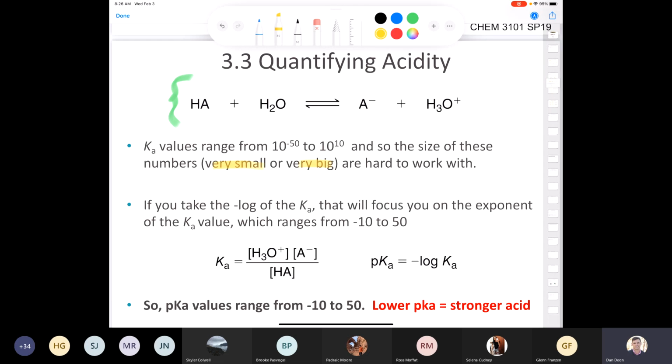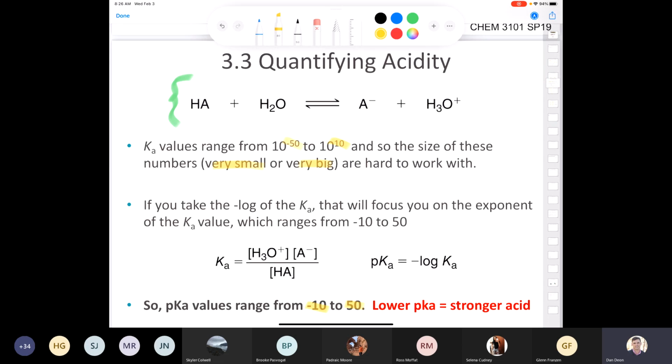So instead of 10 to the power of 10, you get negative 10, and 10 to the negative 50, you get 50. And so pKa values are going to range from negative 10 to 50, which is much easier to wrap your head around, right?